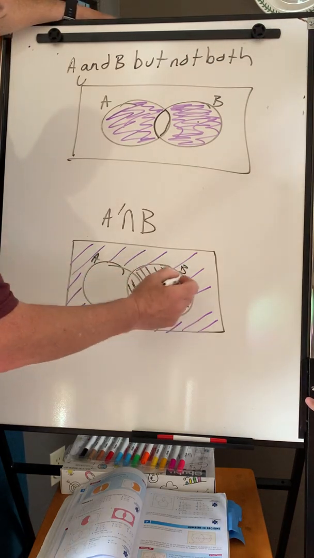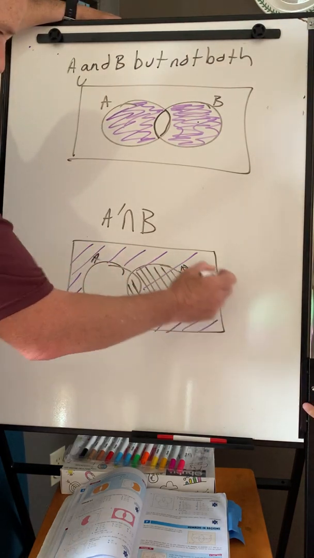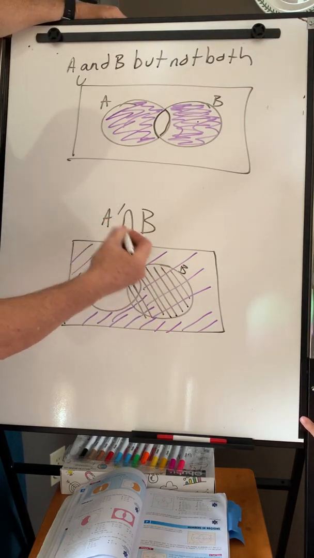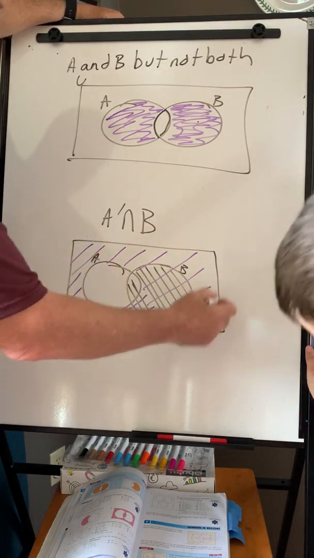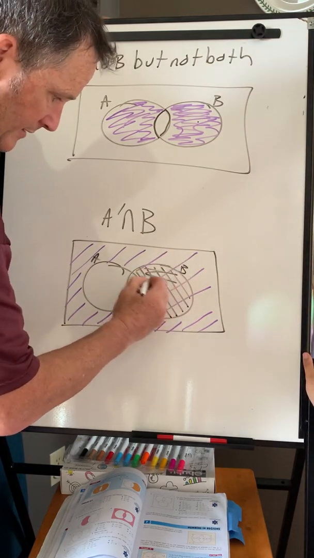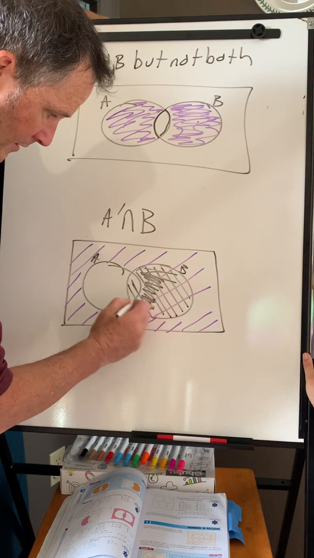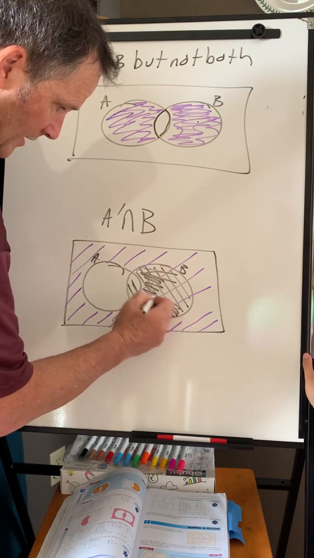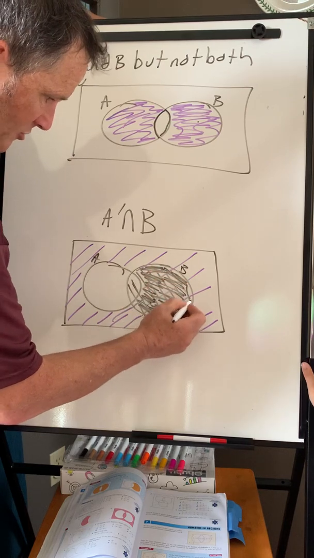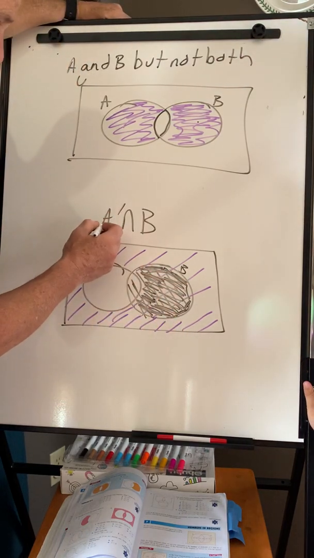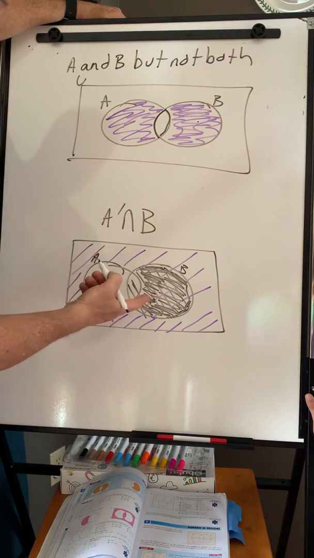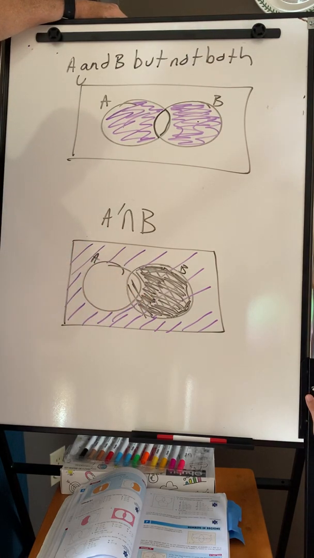That circle. This is everything that's not in A. So what we consider is the intersection of A prime, the purple, and B, the black, which gives us this. I get the cross pattern to tell me that is the intersection of the complement of A with B. So basically, it's everything in B except what's in A.